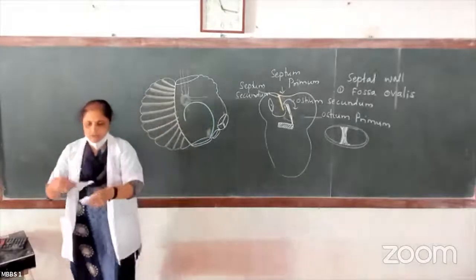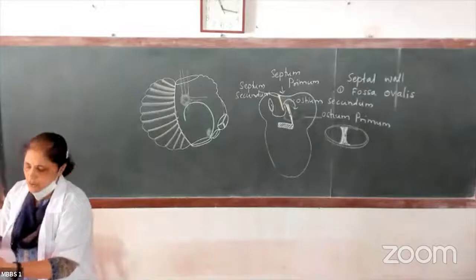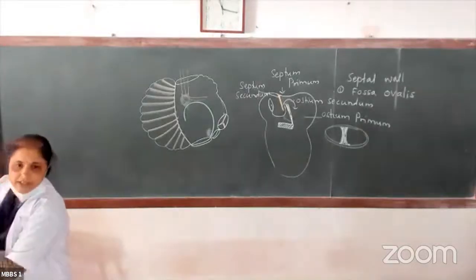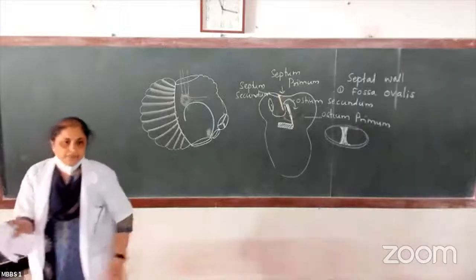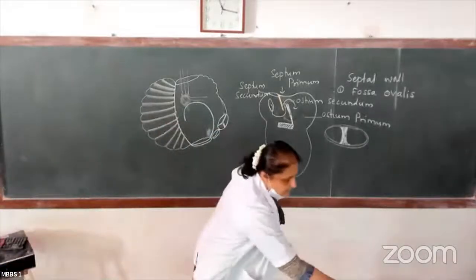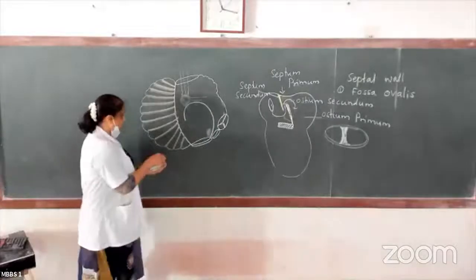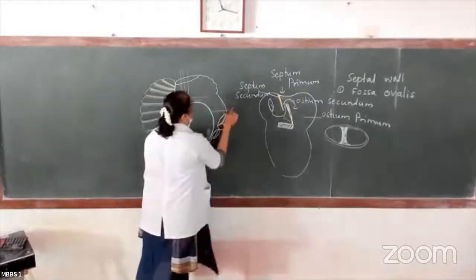Annulus means a round margin. It is a margin of this fossa. So this margin, which is a semilunar margin, is called the annulus fossa ovalis.